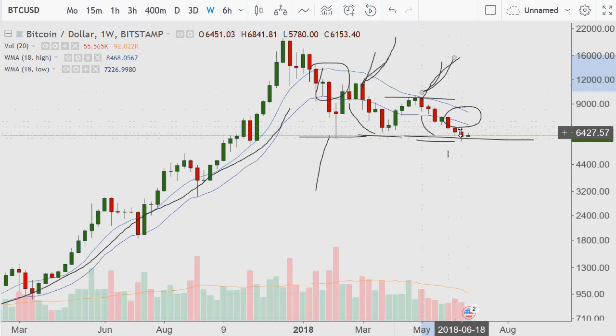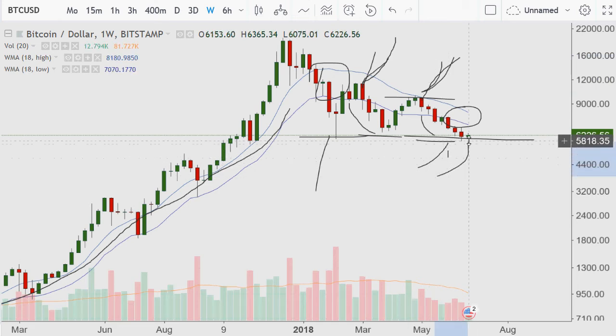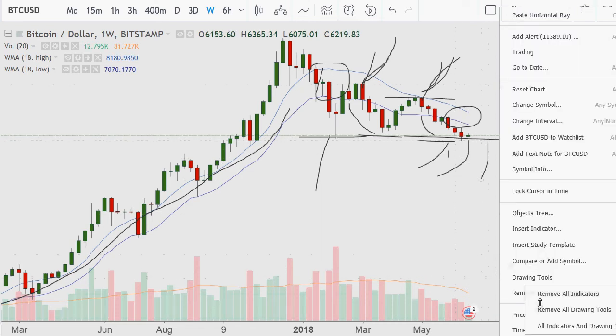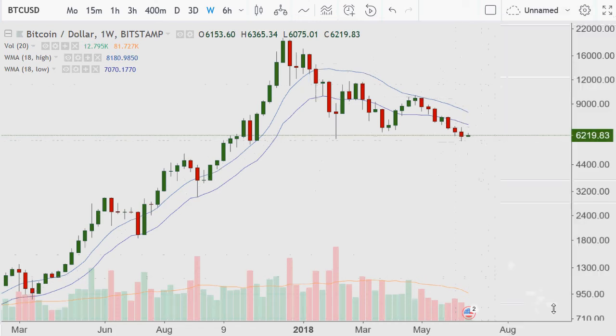So you can say the same thing again, it's cautious that this is taken out now, because of the multiple tests in this area, that if it does get back to the 18 average, which is in the range of 7,070 to 8,180, so between 7,000 and like 8,200.